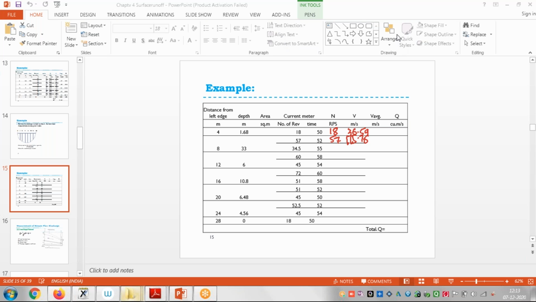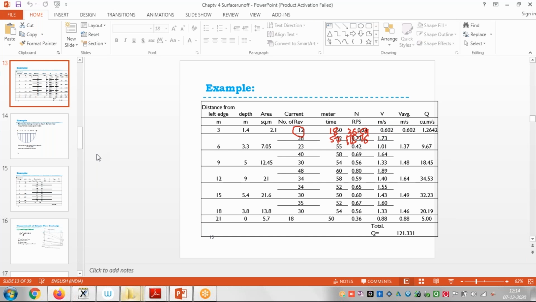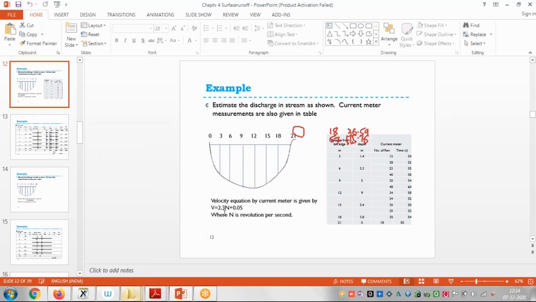So, see, have you checked the calculation? 2.3, not 2.03, 2.3 n plus 0.05.